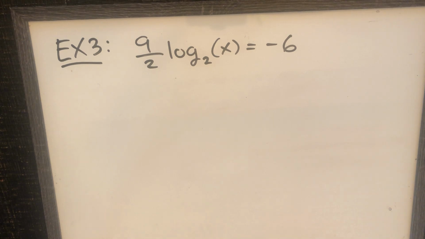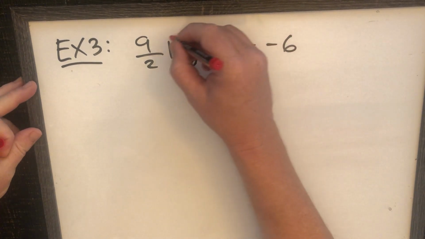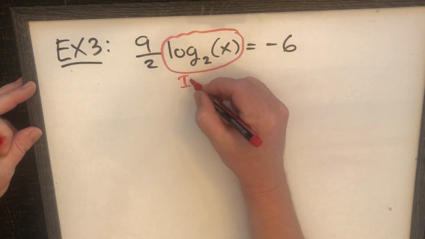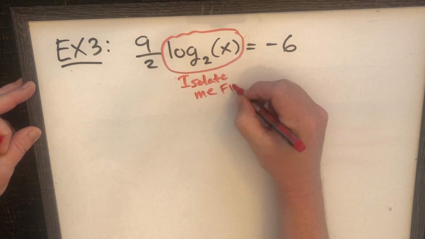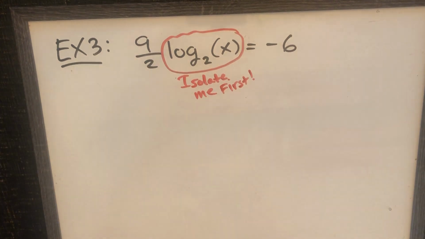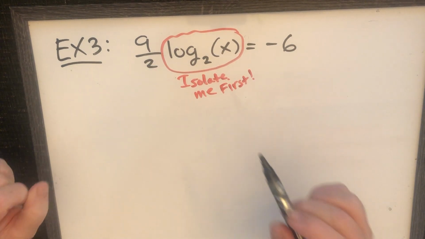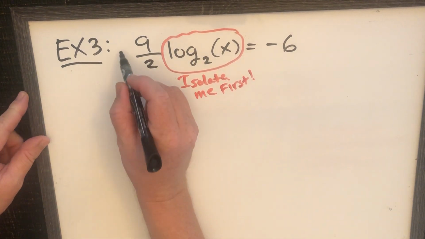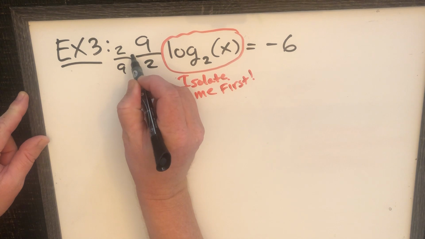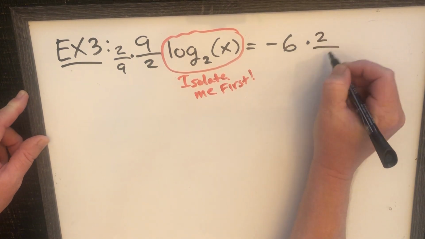An important technique is to isolate the logarithm first. Treat the entire logarithmic expression as the variable for now. So we really want to get rid of this 9 halves. So we're going to multiply both sides by 2/9.